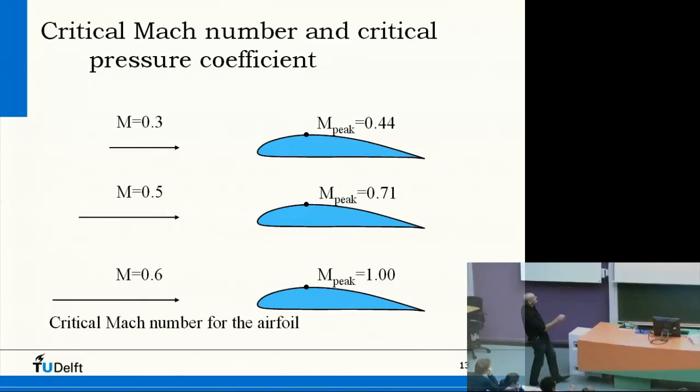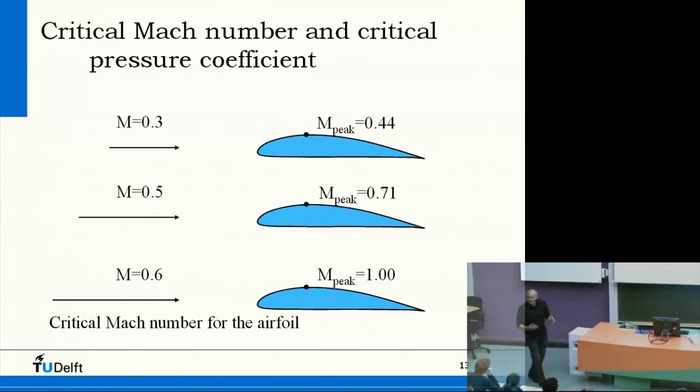If we increase the Mach number, then the Mach number will also increase at the thickest point, where the velocity is highest. There you will see that the peak Mach number is increasing: 0.6, and here it is 1. And this is what we call the critical Mach number.